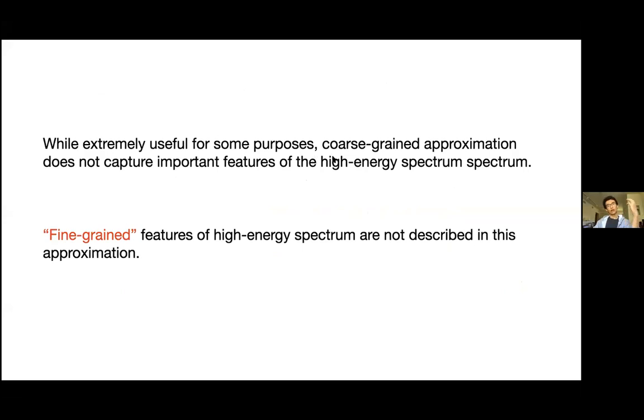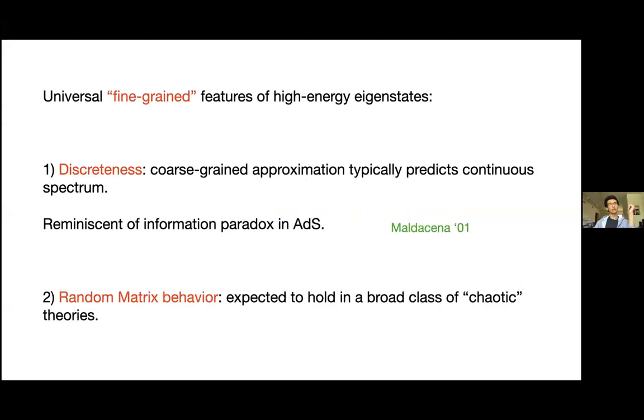So while this approximation is extremely useful for some things, still it doesn't know everything about high energy states. There are some features which can be naturally called fine-grained features of high energy states, which are not described in this simple approximation. A basic example is just the discreteness of high energy states.